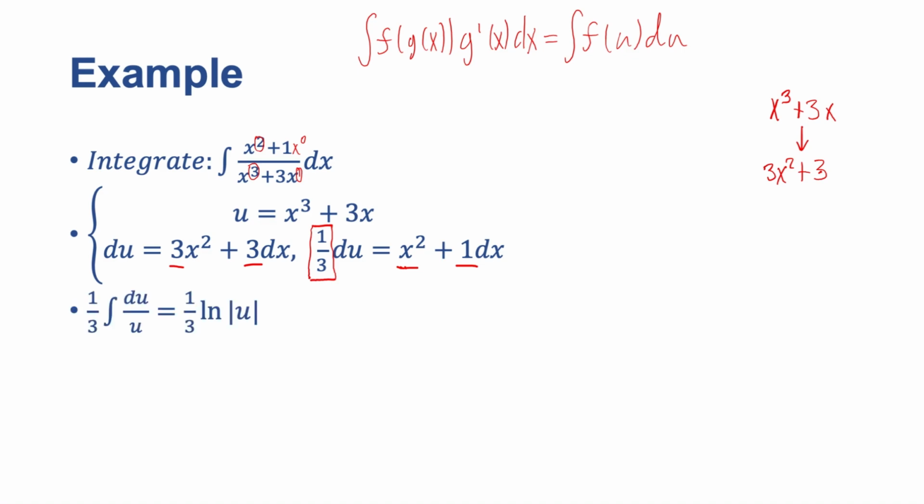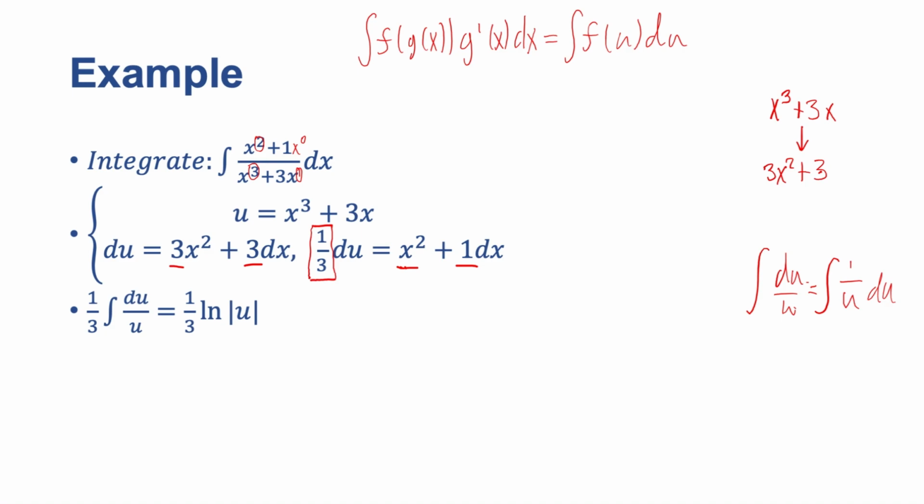All right, so now we can take 1/3 times the integral of du over u, and that integral is equal to the integral of 1 over u du, and that means that this is going to produce a natural log. So you get 1/3, since we take the constant out, 1/3 times the natural log of the absolute value of u.